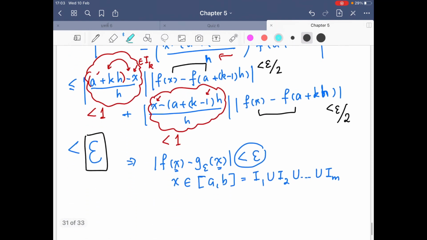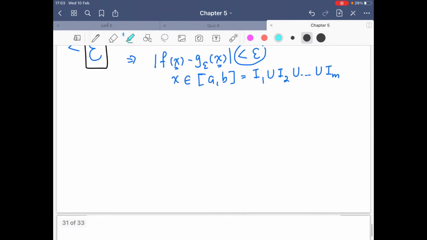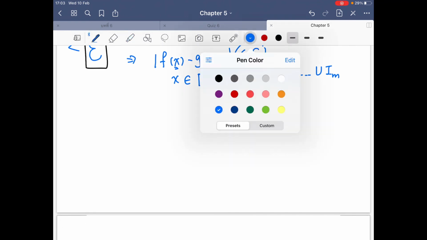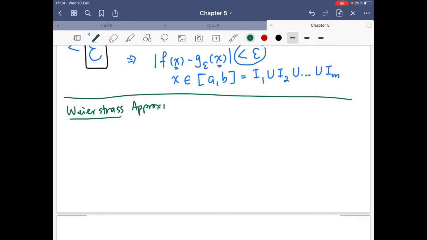However, if we keep doing it like this, we can have the most important theorem in calculus or mathematics, which is called the Weierstrass approximation theorem.